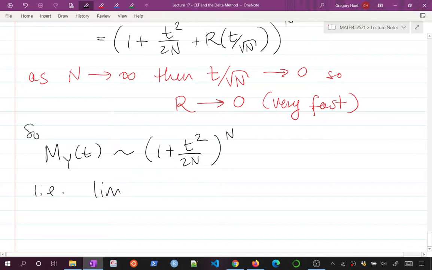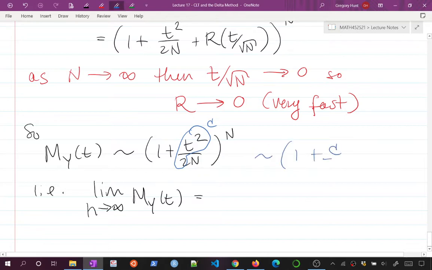That is, if we look at the limit as n goes to infinity of this thing, what are we going to get? If I were to pull off t squared over 2 into some c, this looks like 1 plus c over n to the n, and we know the limit of that will be e to the whatever c is, and so this will be e to the t squared over 2.